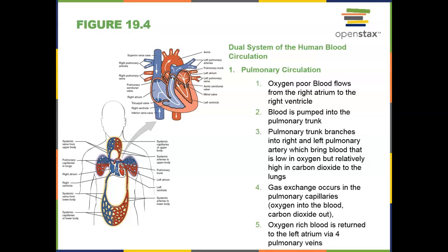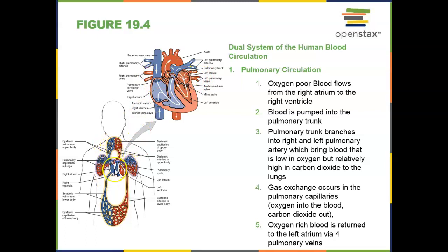Oxygen from our lungs enters our blood, and carbon dioxide from our blood enters our lungs. Once this happens, the blood is then going to be sent back through pulmonary veins, and you can see them right here, to the left atrium.